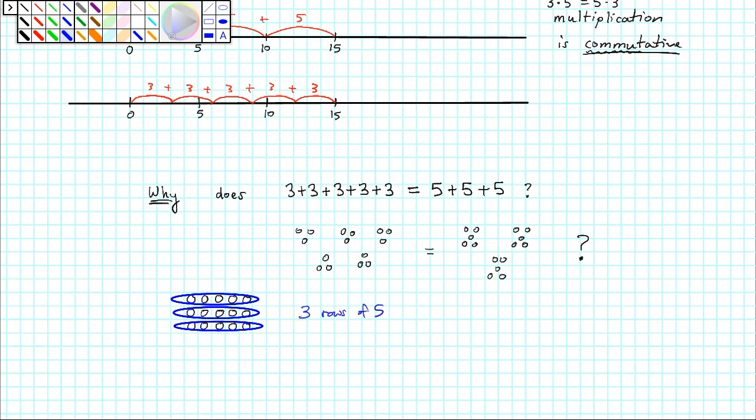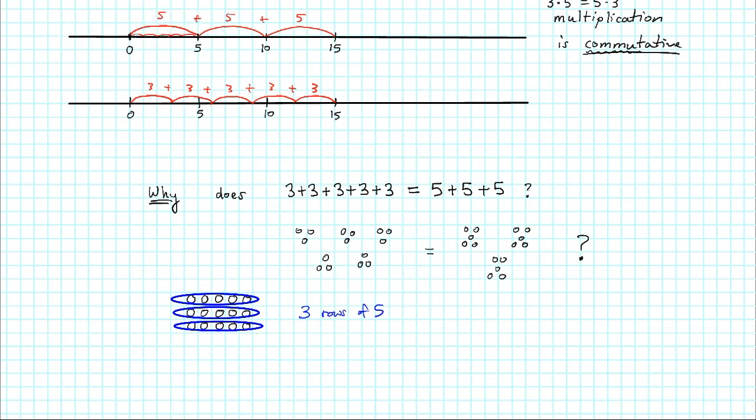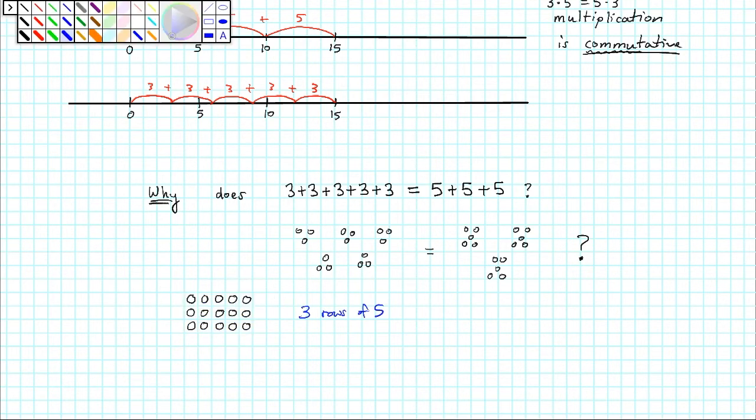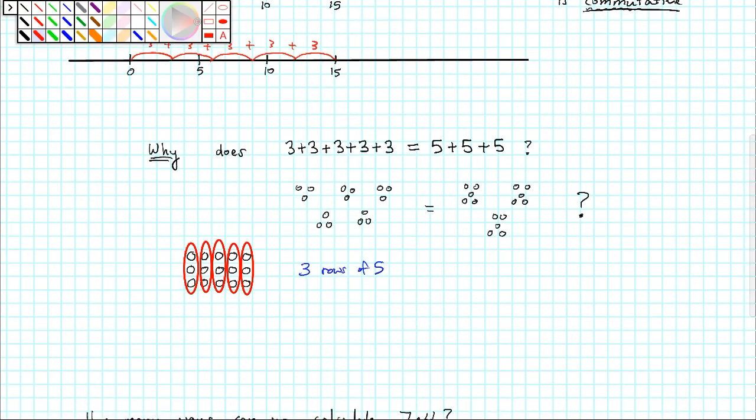But if I look in columns, let me erase these groupings. If I look in columns, I can see 1, 2, 3, 4, 5. So when I look in columns, I can see 5 groups of 3.